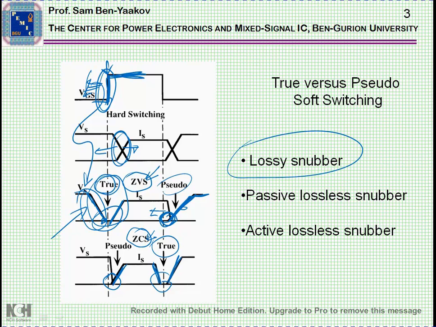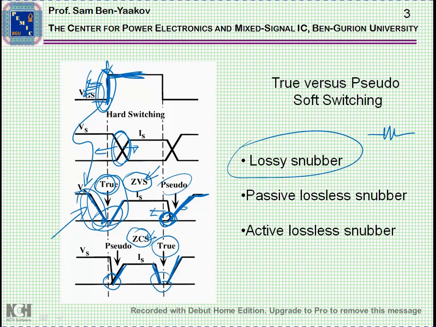This will be circuitry that will cause a change in the rate of rise or fall of the voltage or current, but using lossy or dissipative components like a resistor.